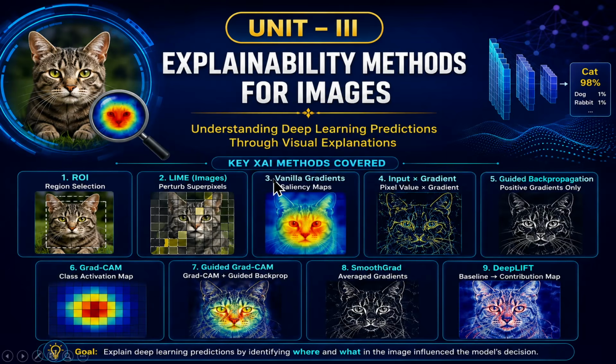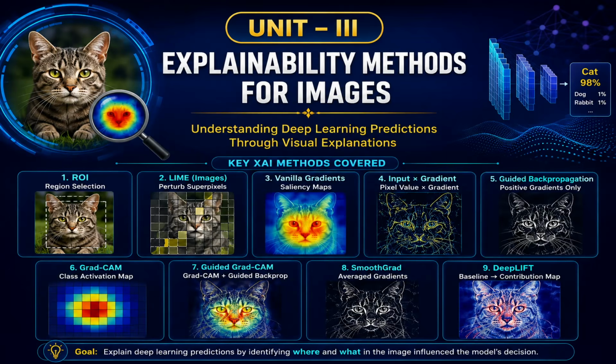Whereas from method number 3, if you observe, every technique will give us some kind of visual output as explanation mechanism. Okay, the explanation itself is visual.